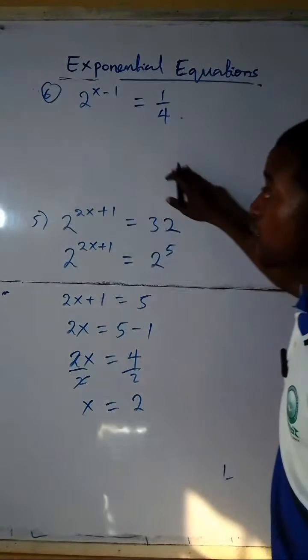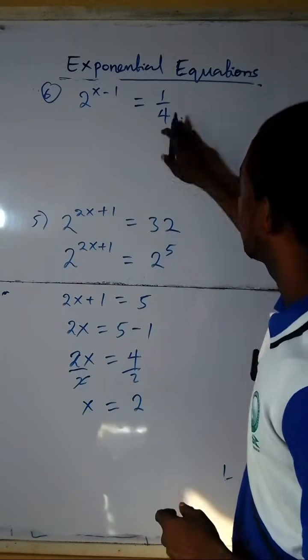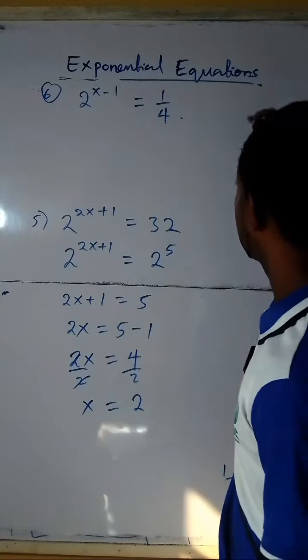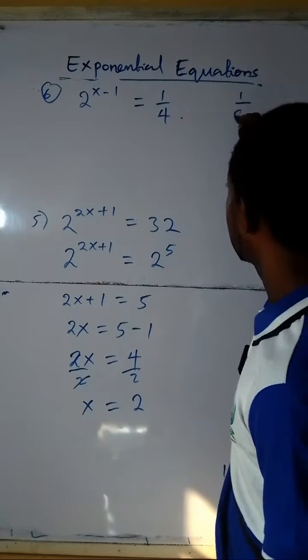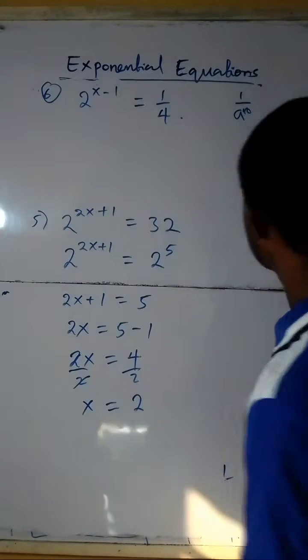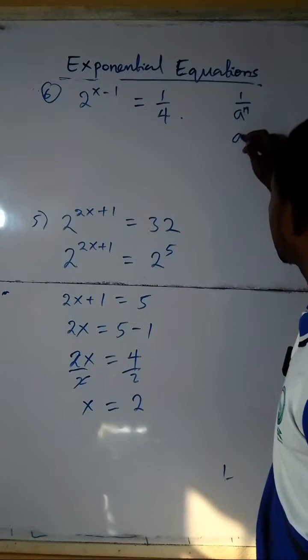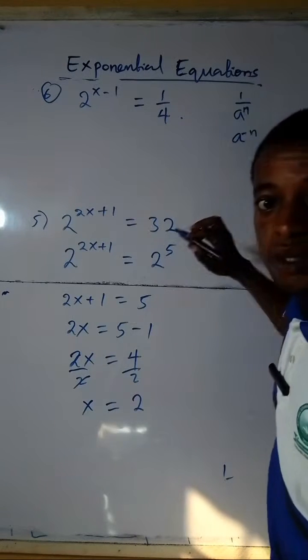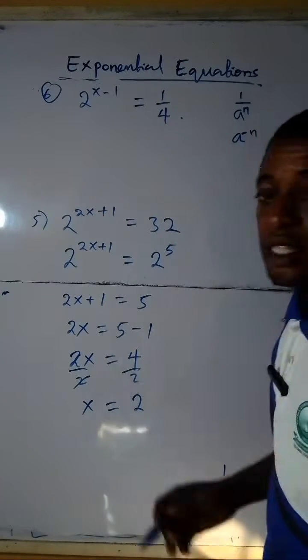Now, also here, we can solve this exponential equation by writing this side using the law of indices: when we have 1 over a raised to power n, this is the same thing as a raised to power minus n, because here 1 over is standing as a negative index.